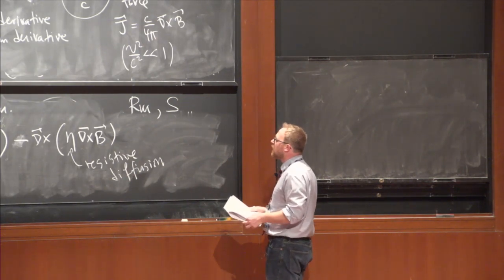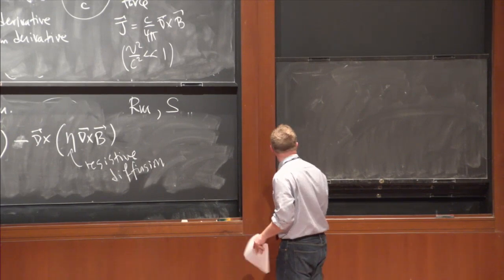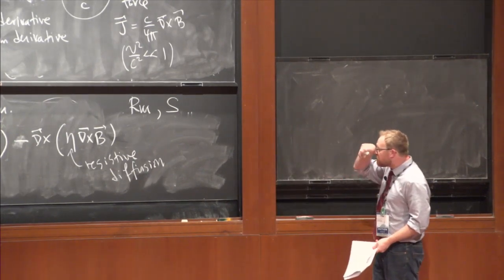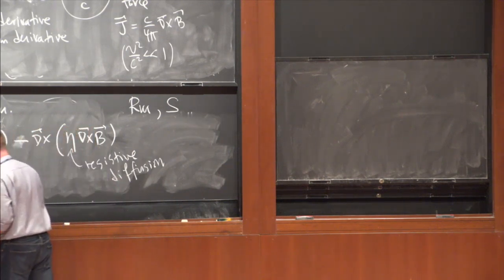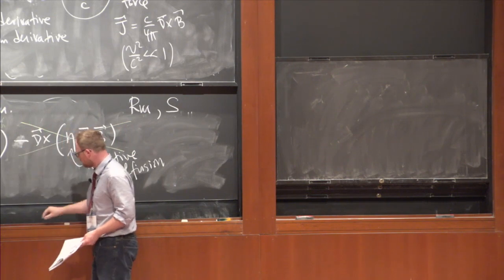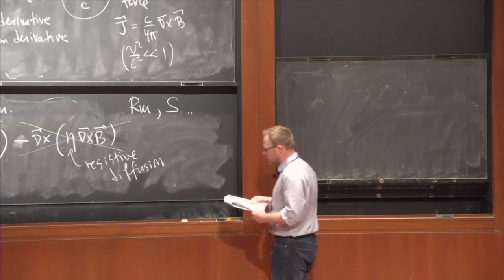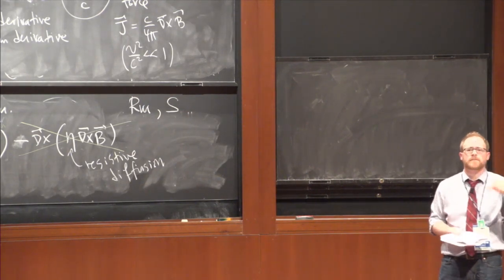This lecture, at least the first part of this, is about ideal MHD. Good. So there are two things that this equation implies. One is called the Lundquist theorem, and one's called Alfvén's theorem.